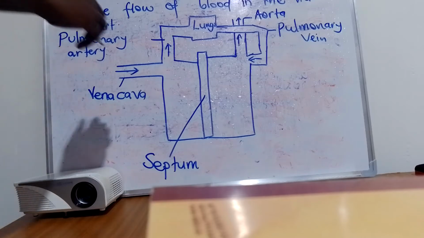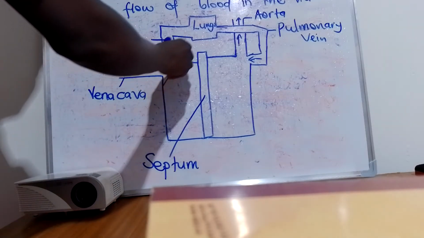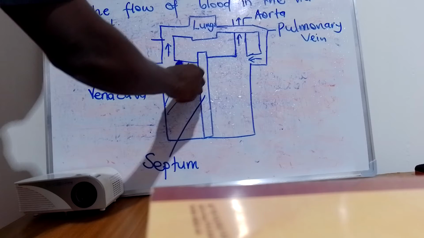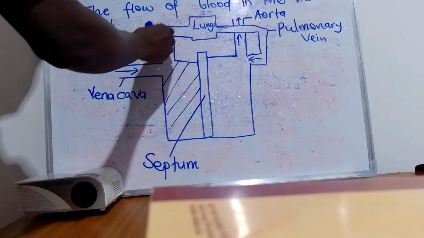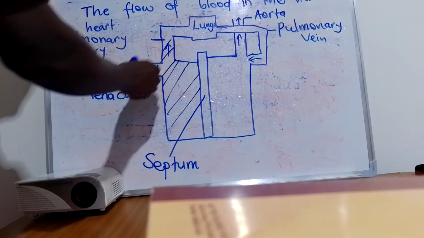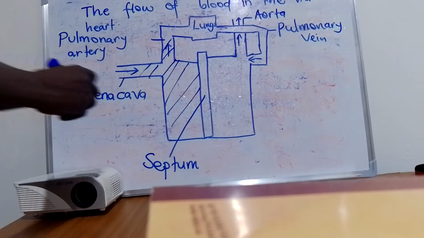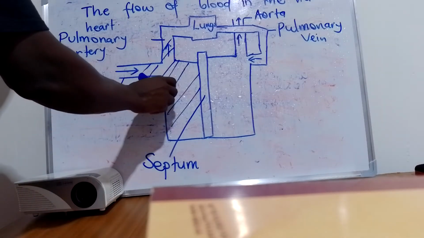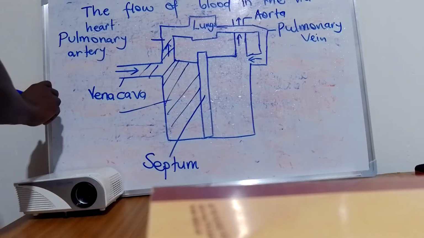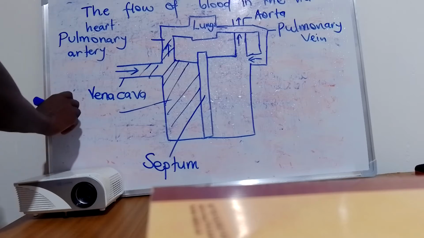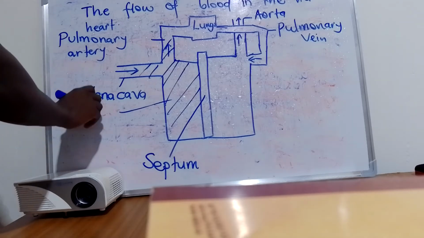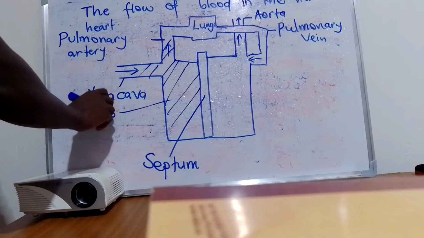The two sections of the heart are separated by septum. Allow me to inform you that this section of the heart only is occupied by deoxygenated blood.